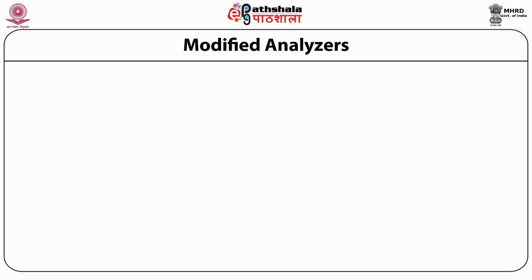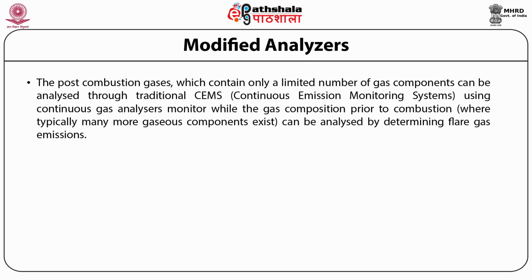Modified analyzers. The post-combustion gases, which contain only a limited number of gas components, can be analyzed through traditional CEMS, continuous emission monitoring systems, using continuous gas analyzers, while the gas composition prior to combustion, where typically many more gaseous components exist, can be analyzed by determining flare gas emissions.